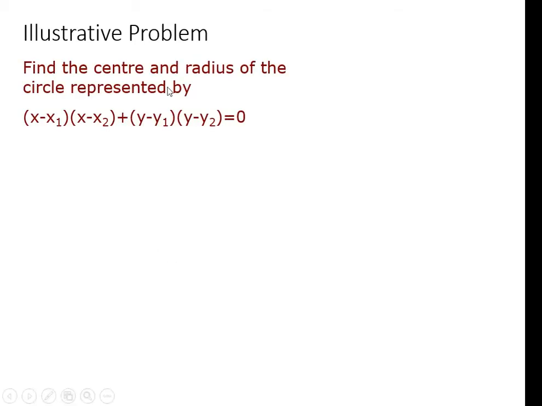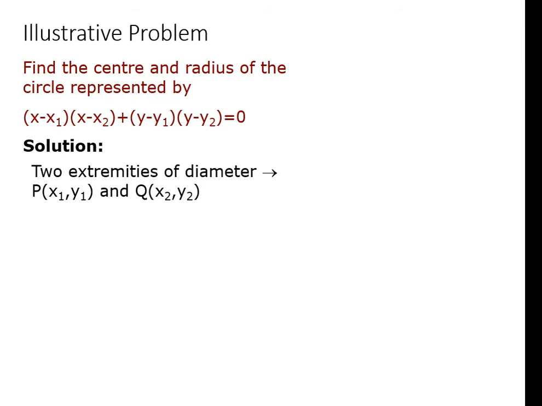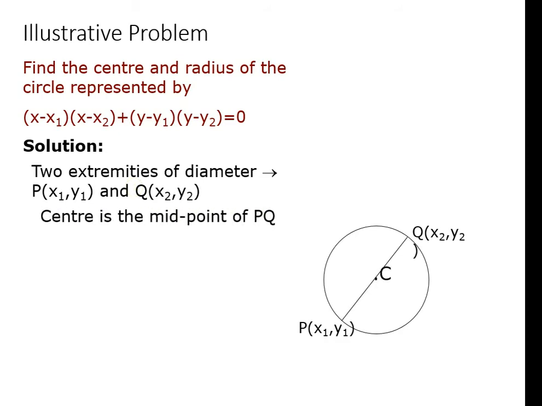Find the center and radius of the circle represented by diameter form. So what we do, the two extremities of the diameter are (x1, y1) and (x2, y2). Just see, the center is the midpoint of PQ. So the center is ((x1 plus x2) by 2, (y1 plus y2) by 2).